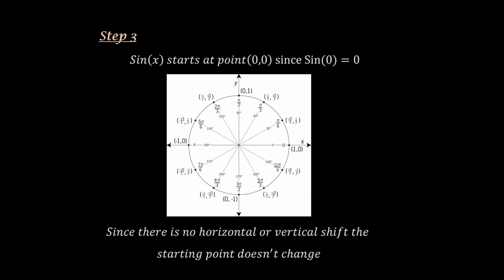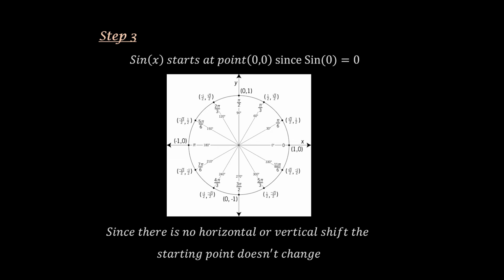Step 3 is to find our initial point or our starting point. For our sine function, if there's no horizontal or vertical shift, then the starting point is the same as the original function. So what is the starting point for sine of x? Well, if sine of 0 equals 0, then the starting point is at 0, 0.